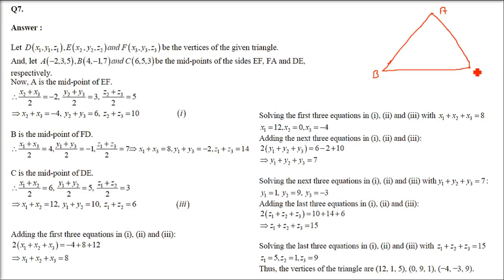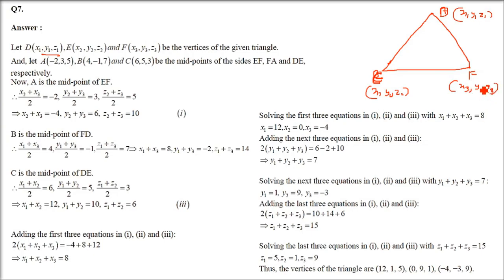Because A, B, C are the midpoints, let me not take ABC as the vertices. I'll take the vertices as D, E and F. Assume D to be (x1, y1, z1), E to be (x2, y2, z2), and the F point is (x3, y3, z3).